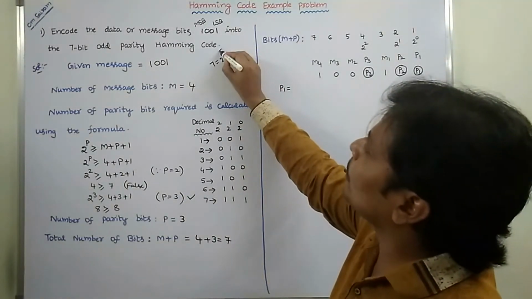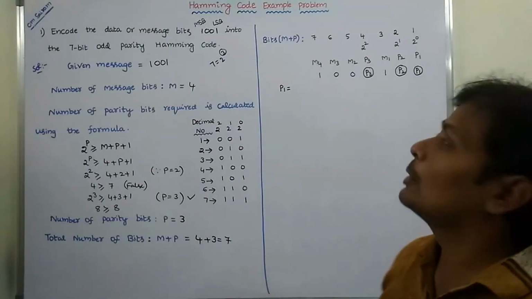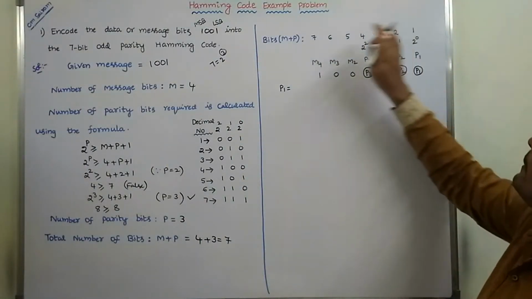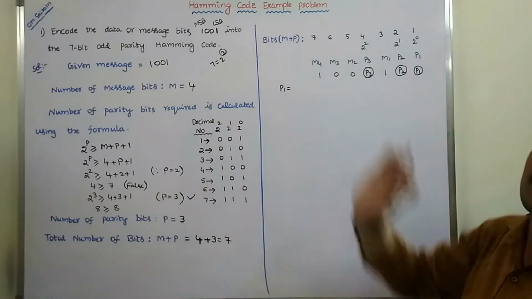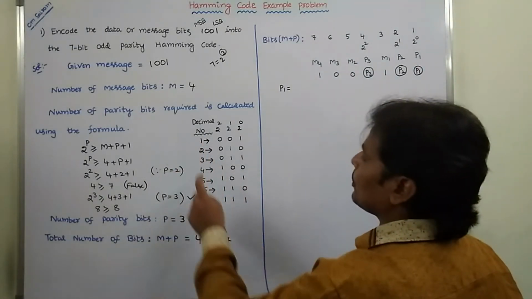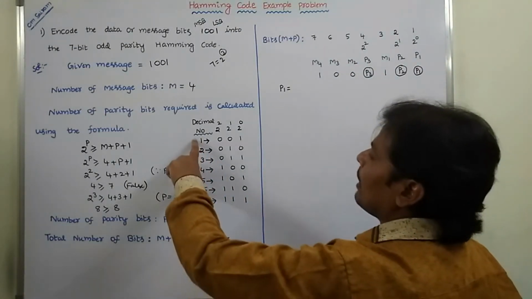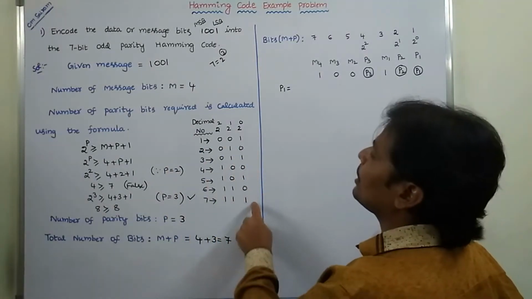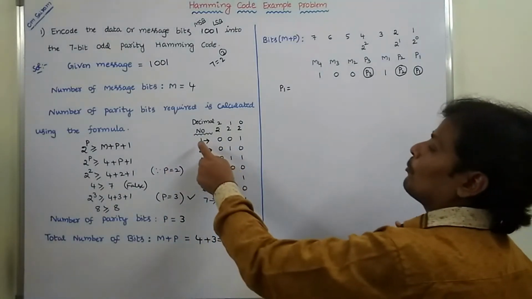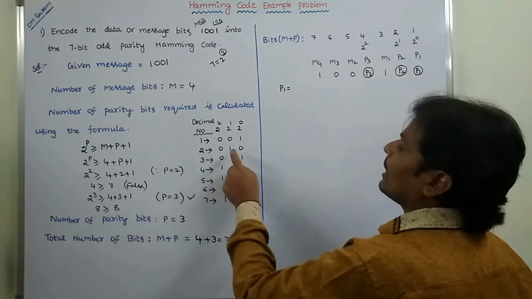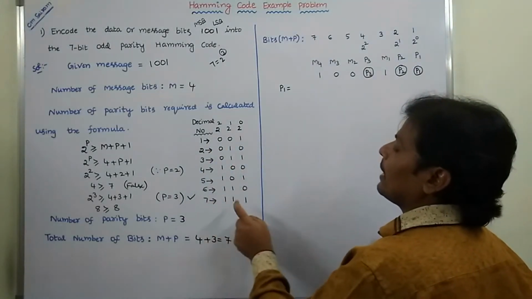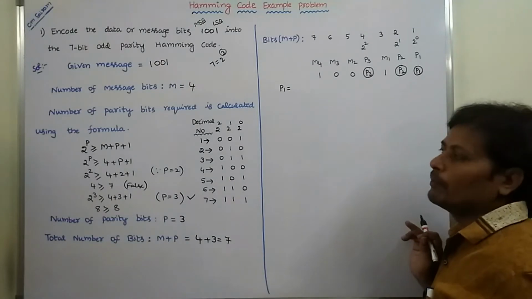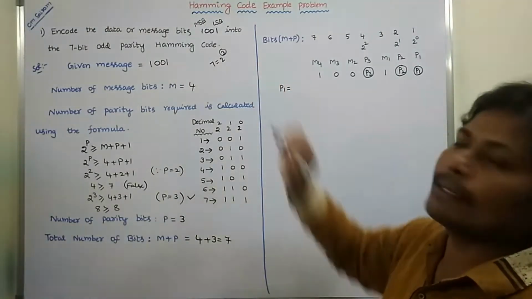So we have to use 3 bits to represent each and every bit from 1 to 7. So these 1 to 7 positions can be represented in binary form by using 3 bits. So 1 is 001, 2 is 010, up to 7 is 111. We have to take 3 bits.